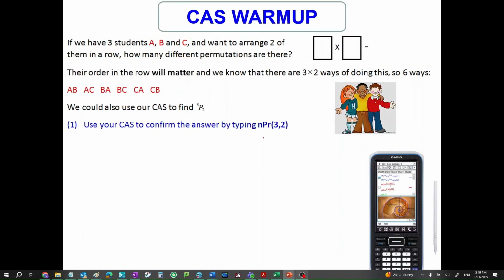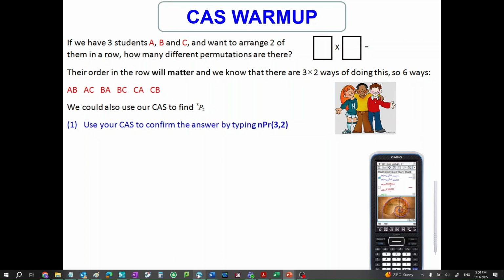As it says over here, their order in the row will matter, okay? And we know there are 3 times 2 ways of doing this. So there's 6 ways, which is what we saw before. Over here are the combinations: AB, AC, BA, BC, CA, CB. We can use our CAS to find 3P2.